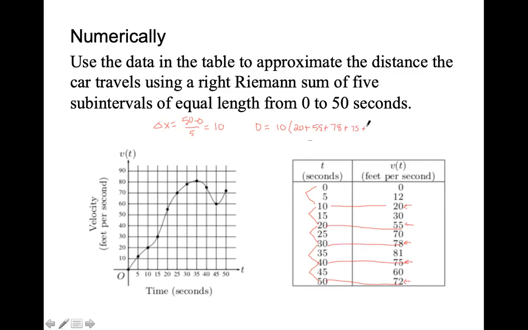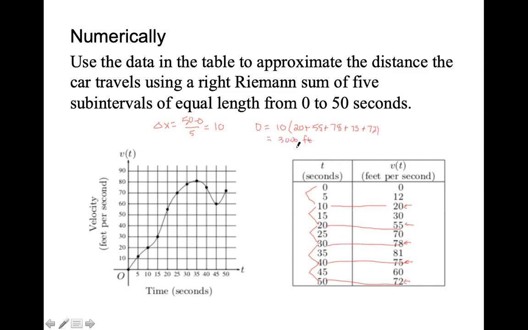All right, so this time, adding all those together and multiplying by 10, you should get that the distance is about 3,000 feet. Okay, so we don't know exactly what the distance is, but this one is quite a bit off from our midpoint.